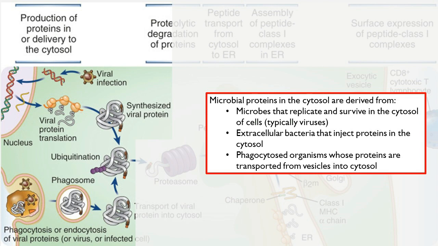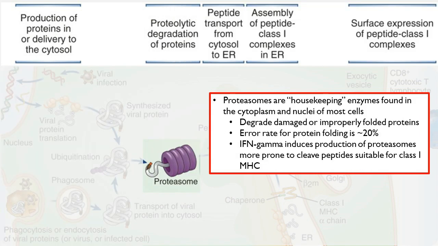Now, there are other pathogens and bacteria that are associated with the cytosol region, typically through one of two ways. It could be extracellular bacteria injecting proteins into the cytosol directly. It could also be phagocytosed organisms or bacteria whose proteins are transported from the endosome vesicle into the cytosol. And this is actually how viruses commonly infect cells too, in that they escape endocytosed vesicles into the cytosol.